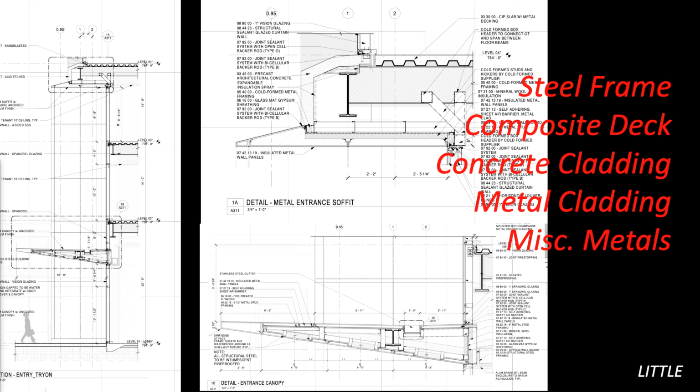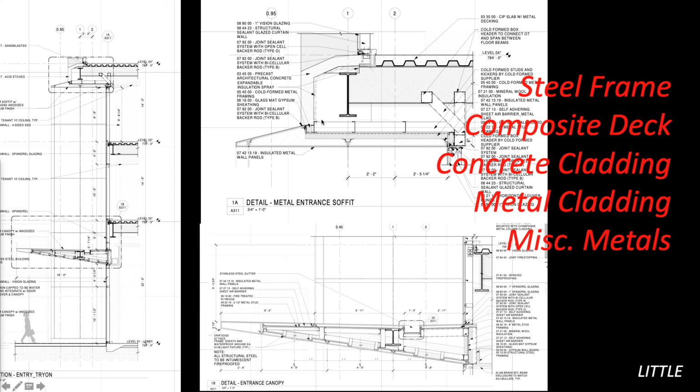I also like this image because we start to see some of the little details and where things like miscellaneous metals come in. On the underside here, I have this idea of an under canopy, but how do I get from this member here down to this canopy? I think it's always a good idea to move backwards and forwards from the surface to the structure and from the structure out to the surface.